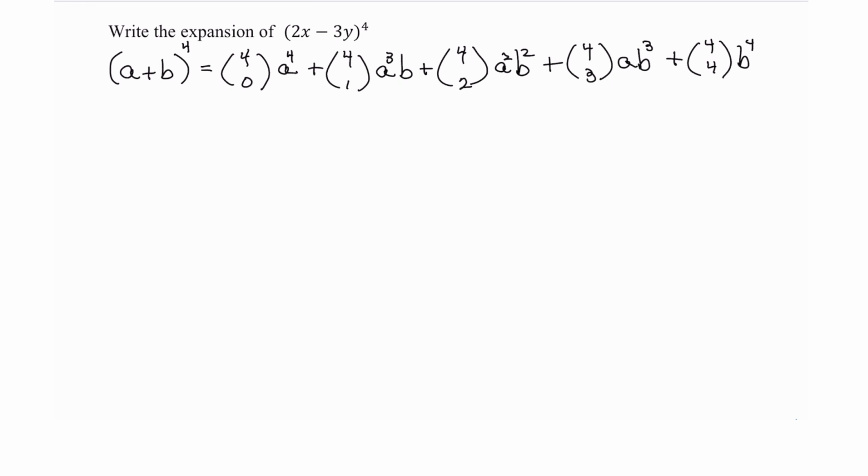Now the notation of getting our coefficients, remember that is with the factorials. So our 4 choose 0 is 4 factorial over 0 factorial 4 factorial. For 4 choose 1, it's 4 factorial over 1 factorial 3 factorial. 4 choose 2 is 4 factorial over 2 factorial 2 factorial.